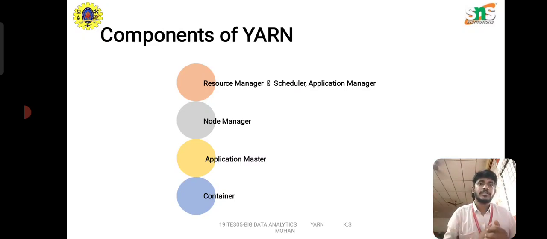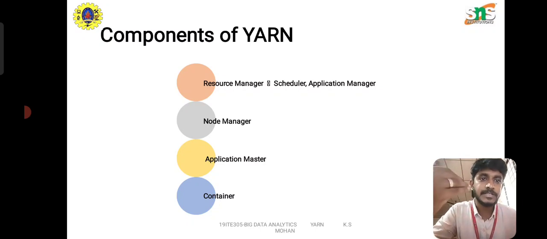Let's look at the different components of YARN. These are the resource manager, node manager, application master, and container. The resource manager has the scheduler and application manager, along with the node manager, application master, and container. With these different processes, the components of YARN work in big data analytics.